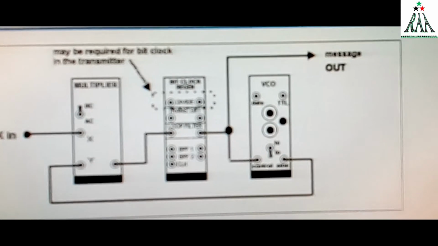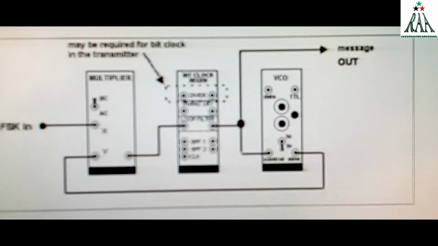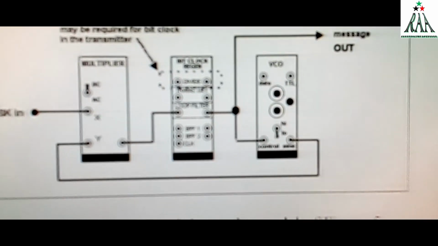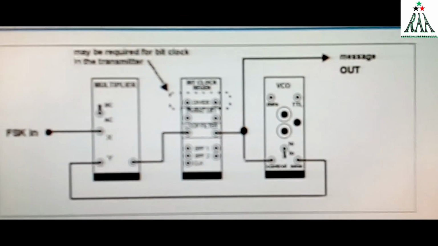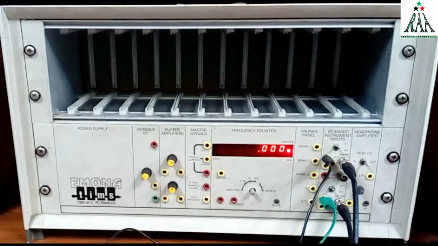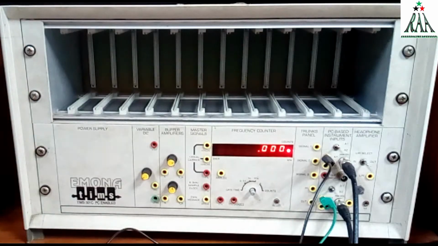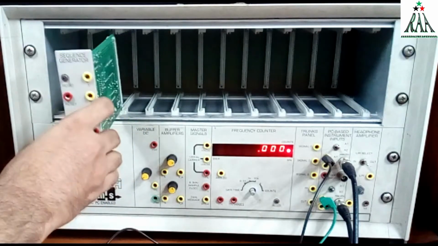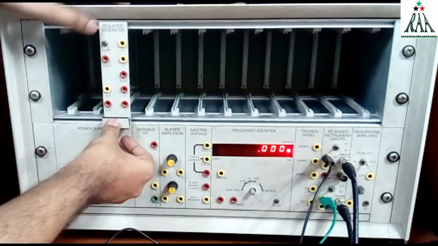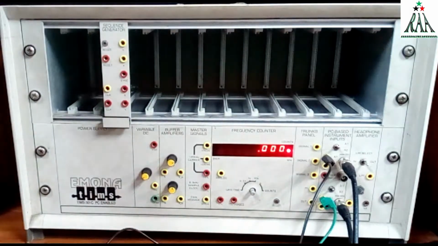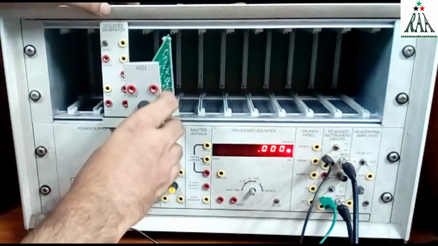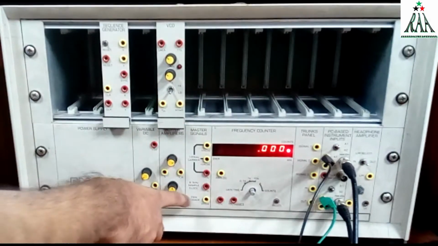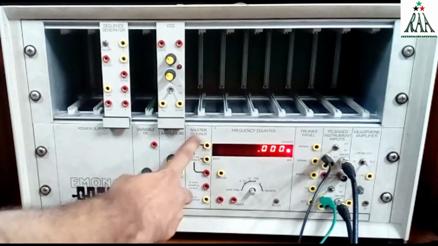Now we will use these two schematic diagrams to implement FSK modulation and demodulation using TIMS modules on hardware. As discussed earlier, we will use a sequence generator, VCO, and we'll take a message signal from the master signal.